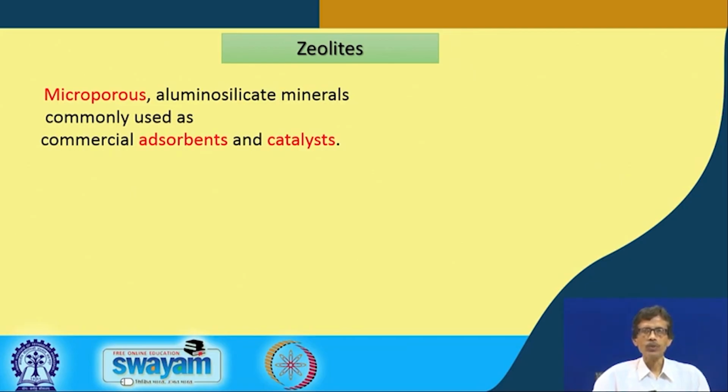We will be substituting those silicate junctions, which will be replaced by aluminum or the aluminate system, that means AlO3. That surrounding can change these, and these are of mineral origin, that means naturally occurring material used as commercial adsorbents and catalysts.